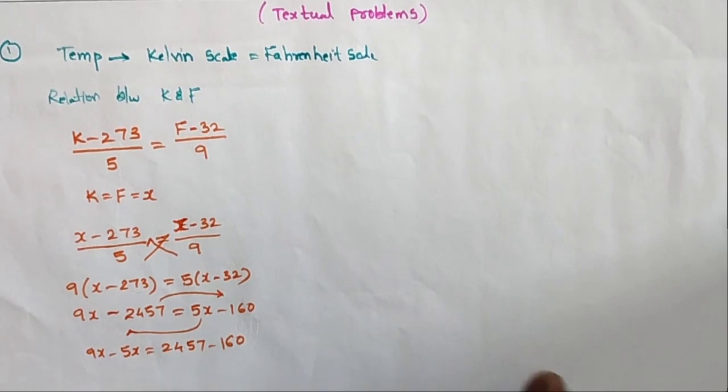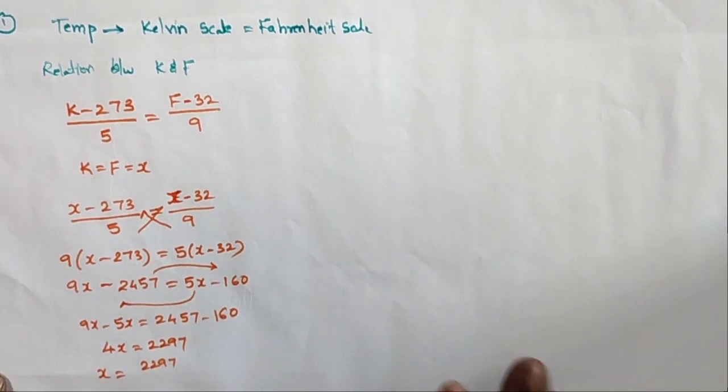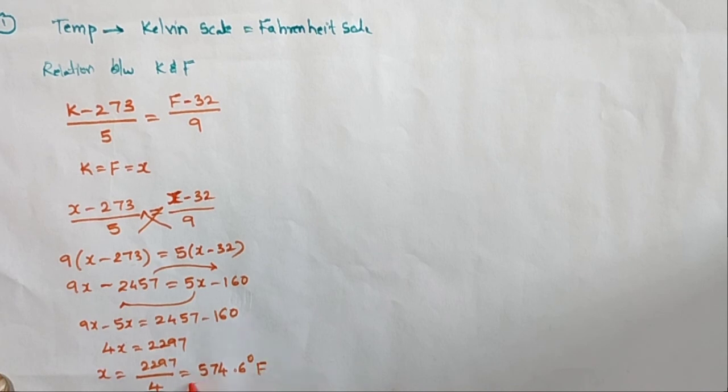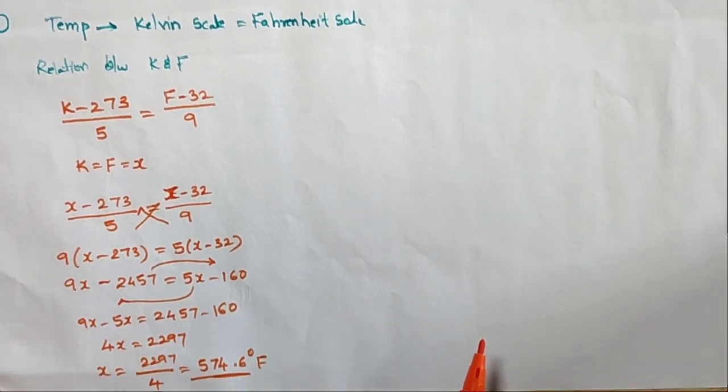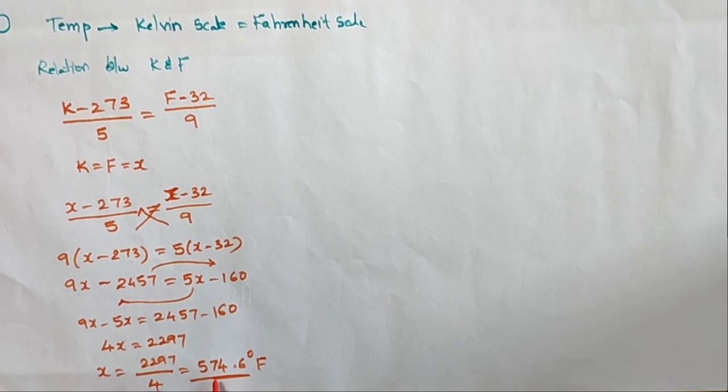Moving 5x to one side and 2457 to the other, 9x minus 5x is 4x, equal to 2457 minus 160, which is 2297. So x is equal to 2297 by 4, which is 574.25. At this temperature both scales are equal.